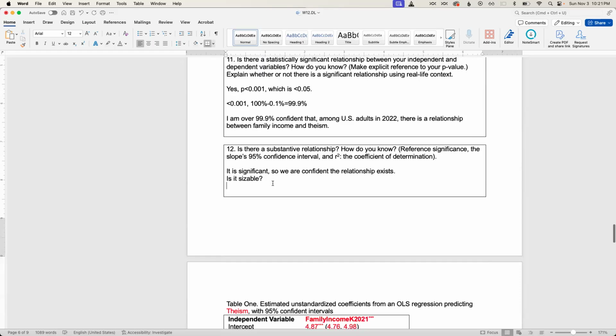So the sample slope is only 0.002, and we are 95% confident it is at least 0.001. I guess negative, sorry.